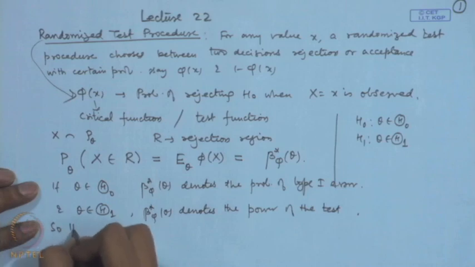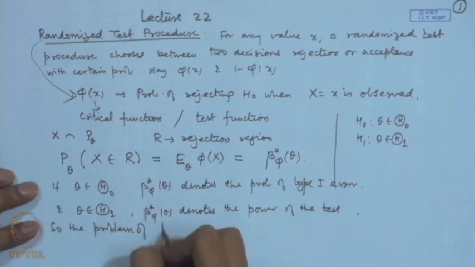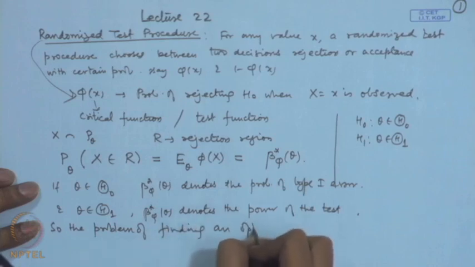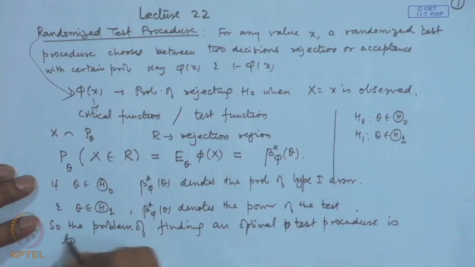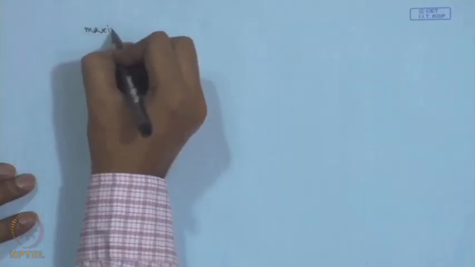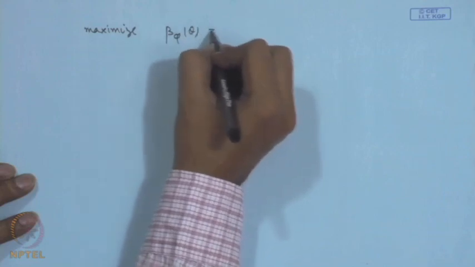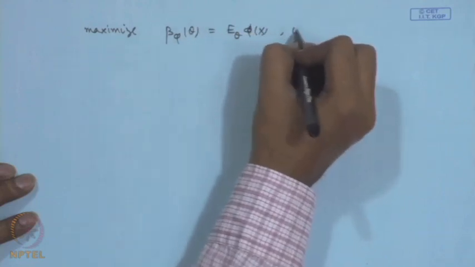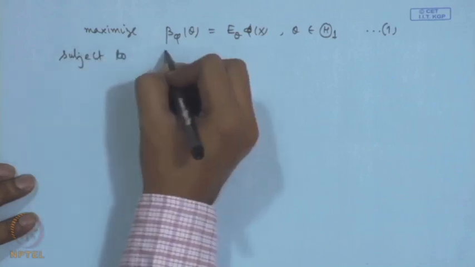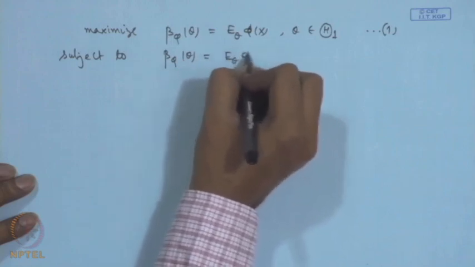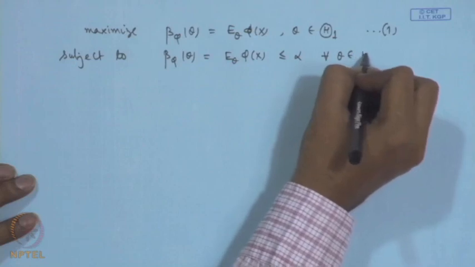So, the problem of finding an optimal test procedure can be stated as: find a test function phi such that it maximizes beta phi theta for theta belonging to theta 1, subject to the condition that beta phi theta, equal to expectation theta of phi x, is less than or equal to alpha for theta belonging to theta naught.